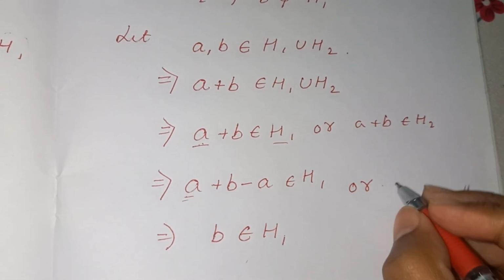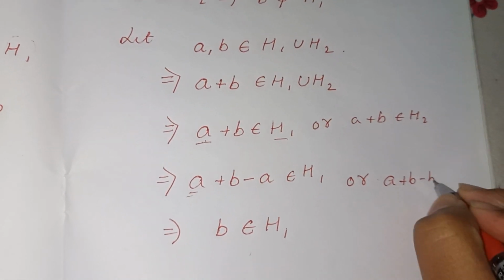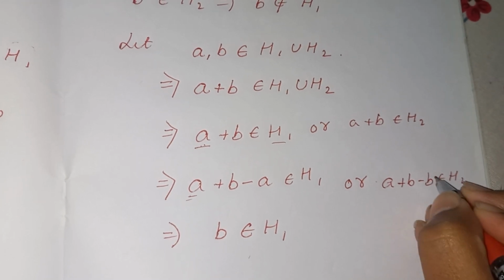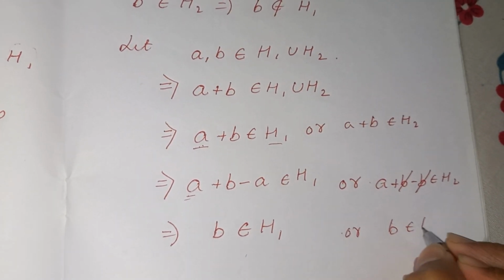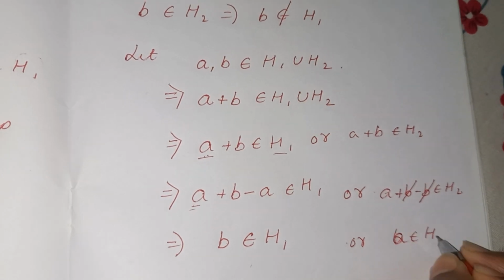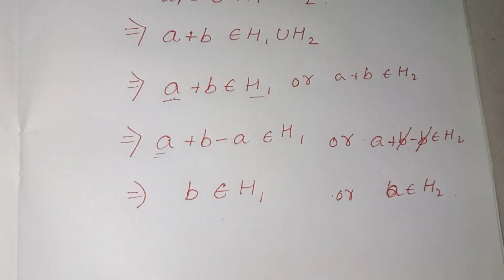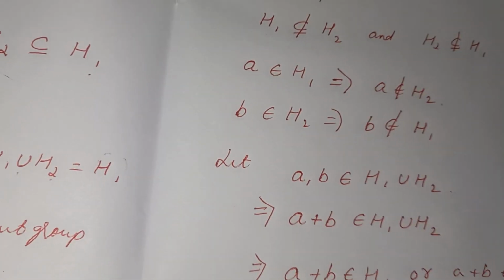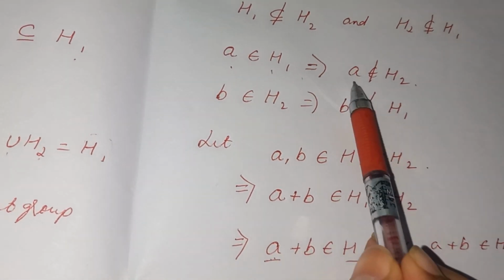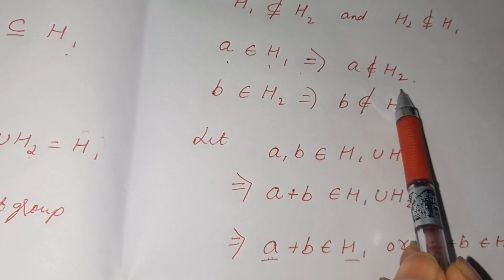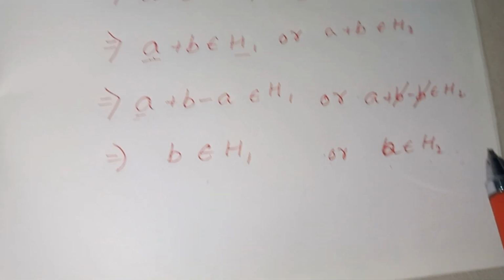In this case, the inverse of B will be minus B. A belongs to H2. Since we have taken A belongs to H1, this implies A doesn't belong to H2. And in this case, we have got A belongs to H2.